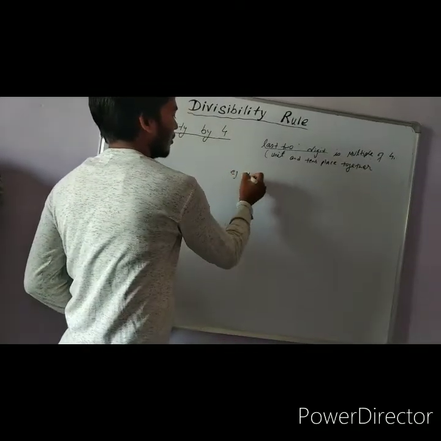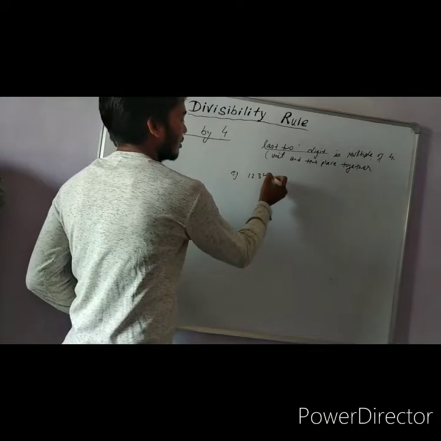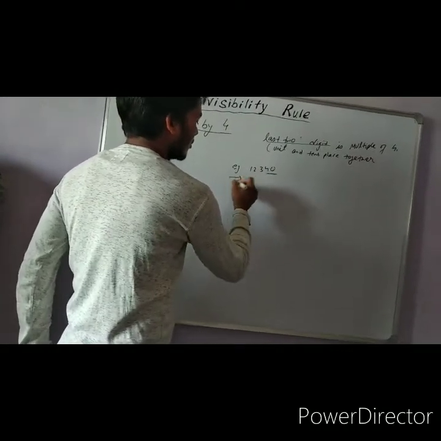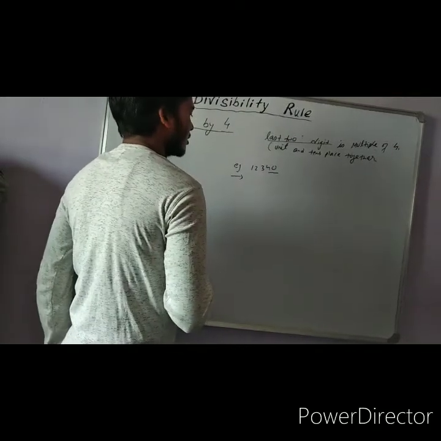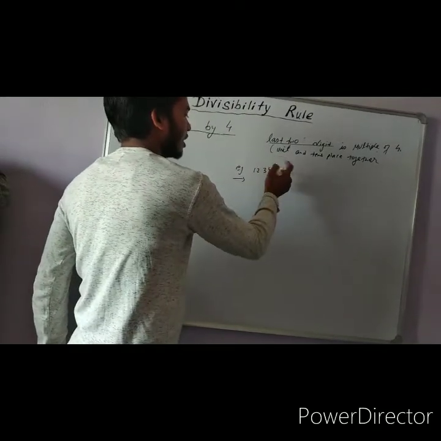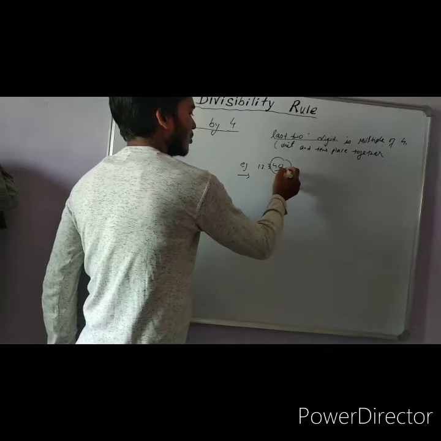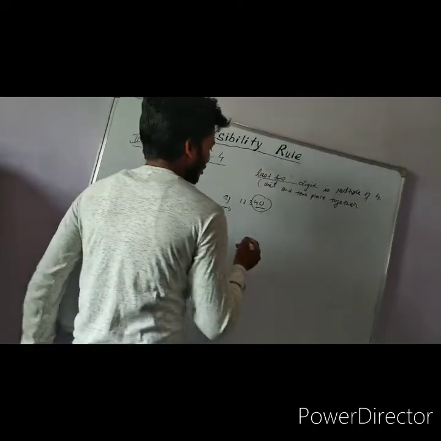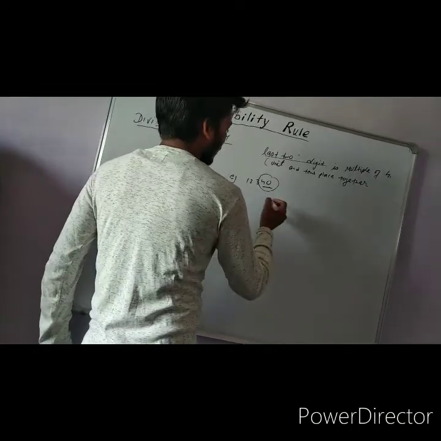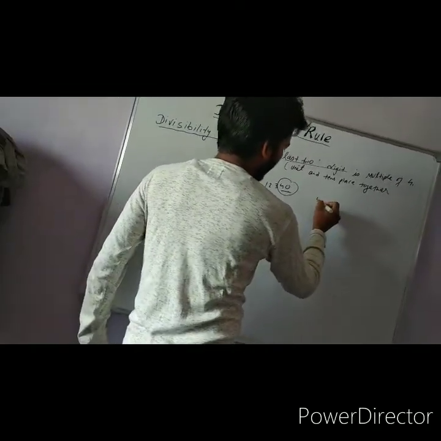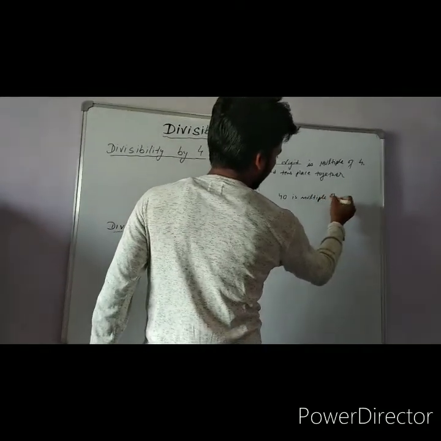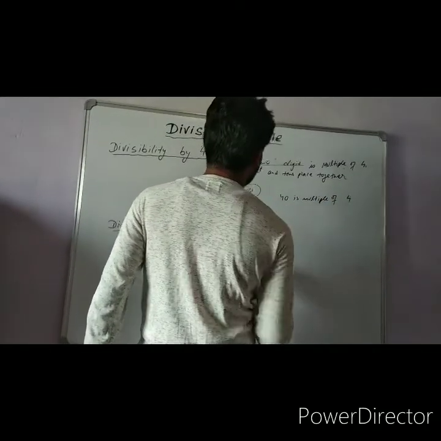Example, 12340. Last 2 digits, means unit place and tens place, make the number 40, which is a multiple of 4.